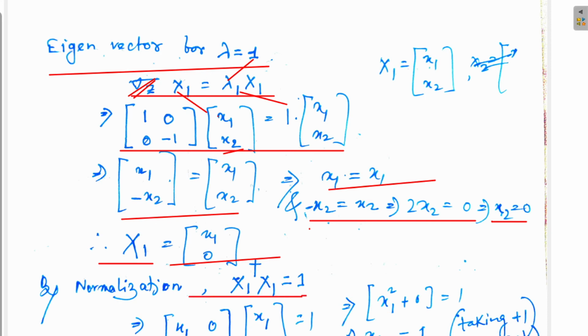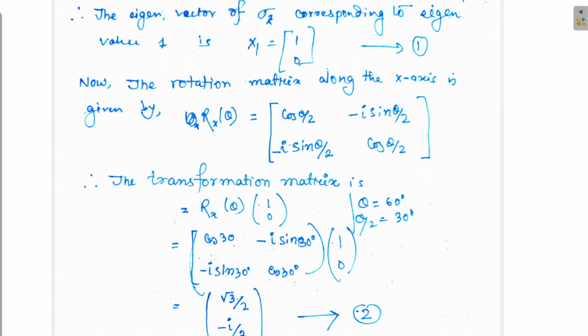Then the column matrix of x1 becomes the row matrix, which is multiplied with the column matrix itself. In this normalization case, we generally consider it as a probability, and we take only the positive value, not the negative value. So it is an important point. Now we have the eigenvector, which is given by 1, 0.